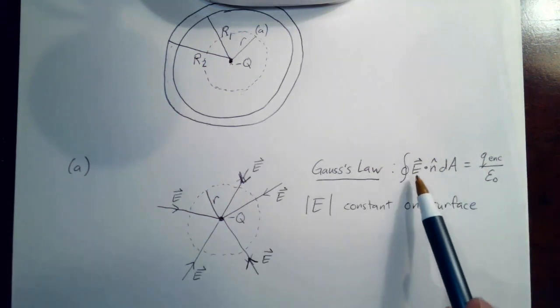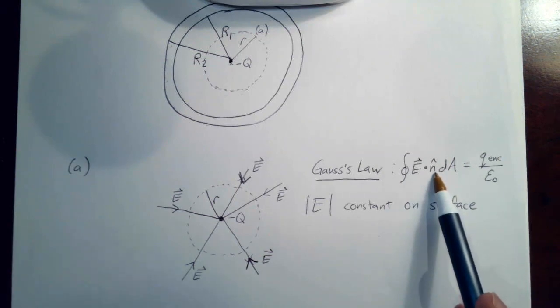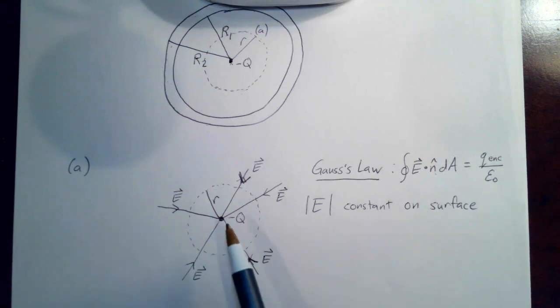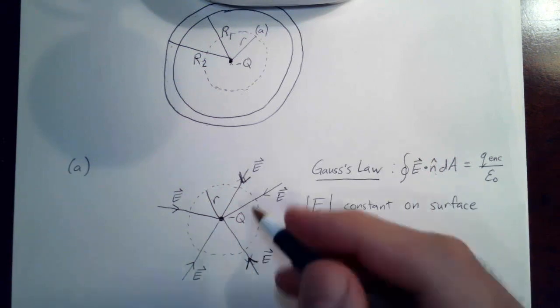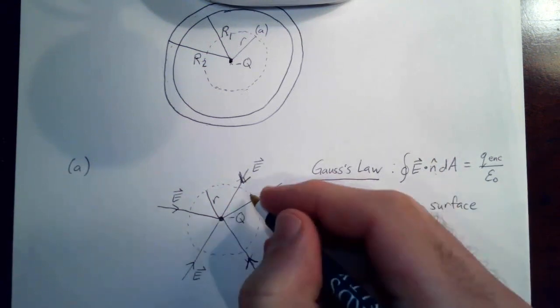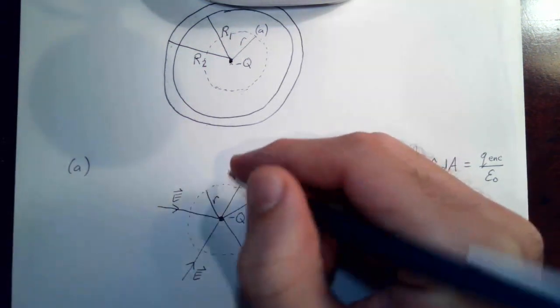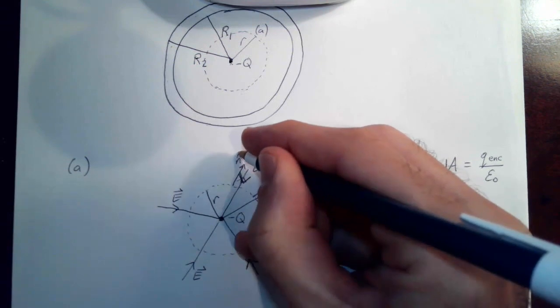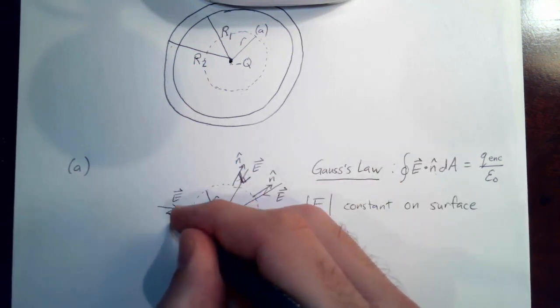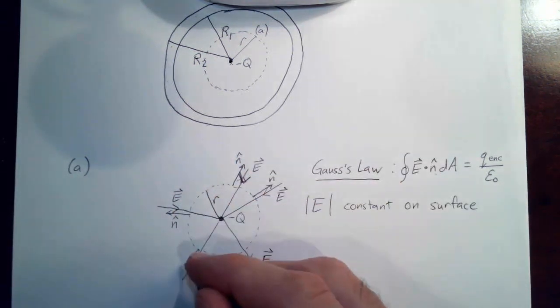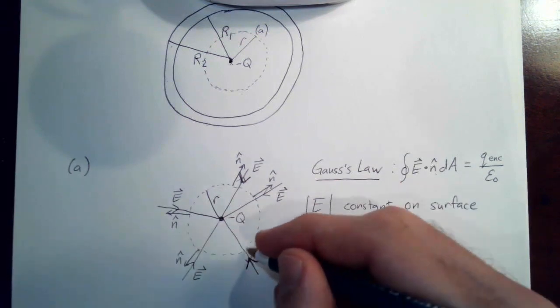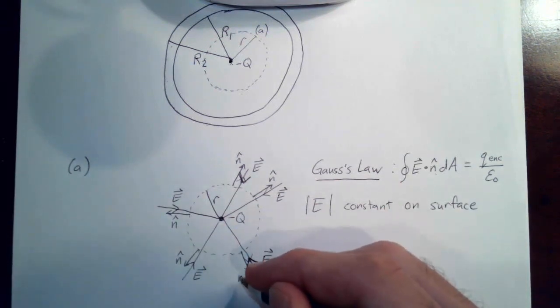Now let's figure out what E dot n looks like. For that, we need to establish what n hat looks like. N hat is the normal to the surface. So at each of these points where I've got an electric field line coming in, the normal is going to be pointing outward. So n hat is outward pointing, and the electric field is inward pointing, everywhere. So everywhere they are anti-parallel.